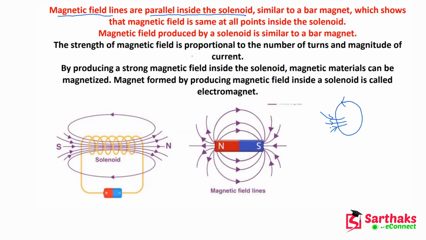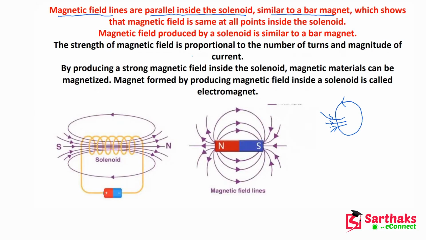So that's why, in the center of a solenoid, the magnetic field lines appear as straight lines. The magnetic field lines are parallel inside the solenoid, similar to a bar magnet.